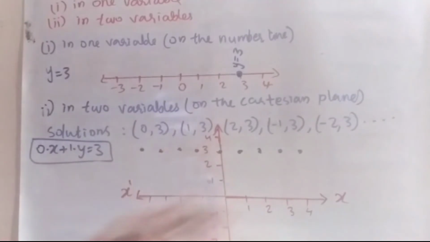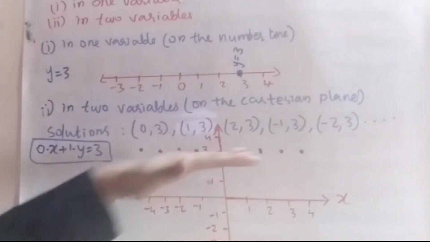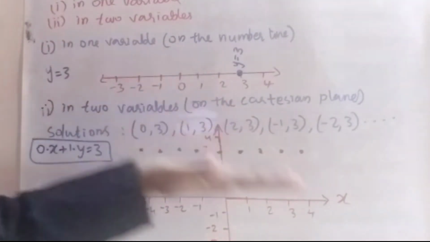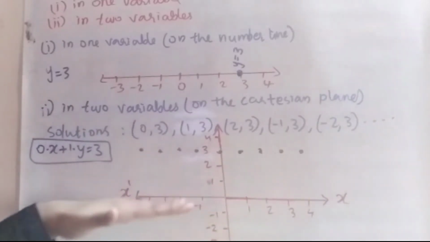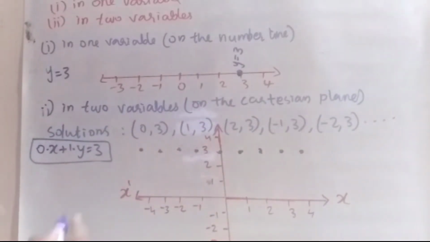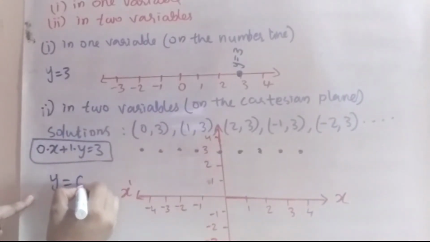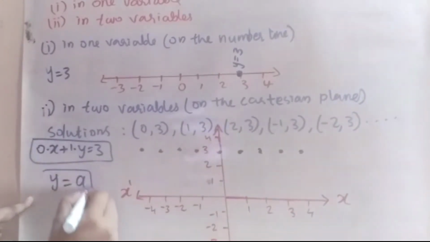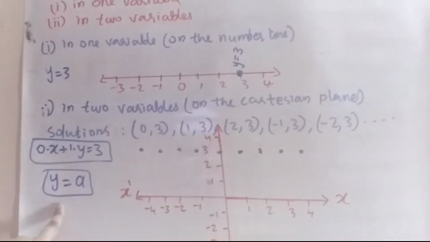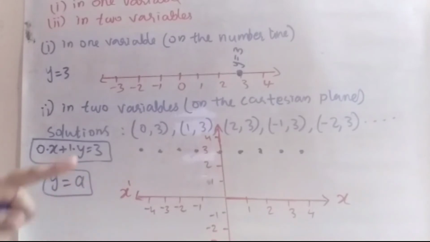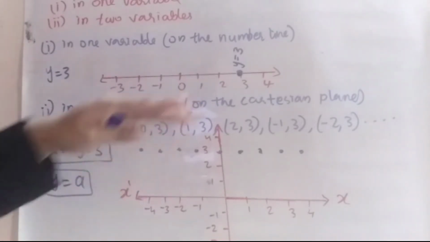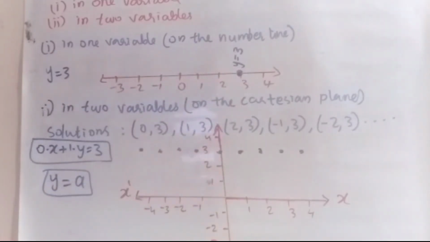When we join these points, these solutions, we will get a straight line which is parallel to which axis? The x-axis. So if the equation is of the form y is equal to a, here y is equal to 3, the graph of this equation is a straight line parallel to the x-axis.